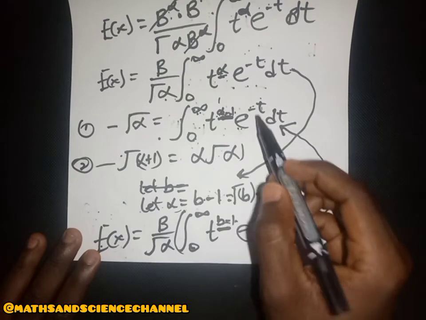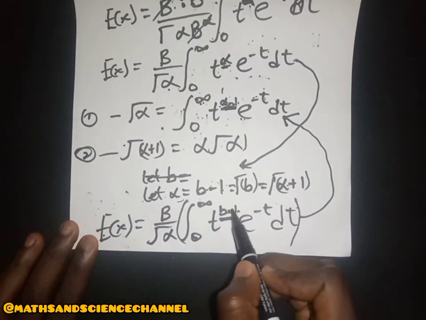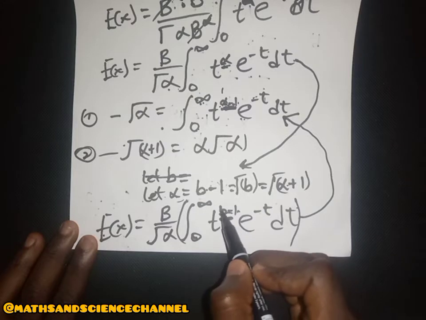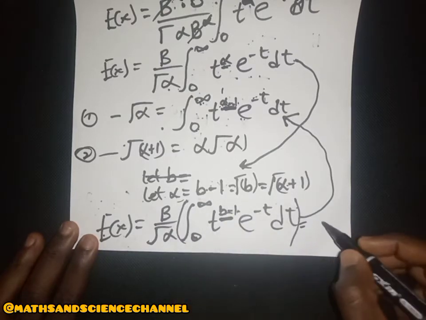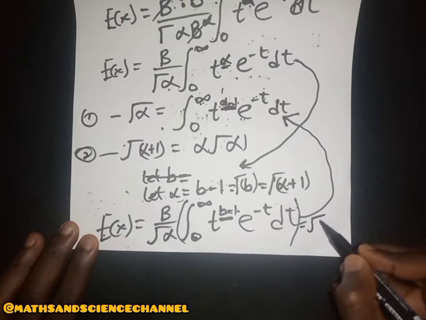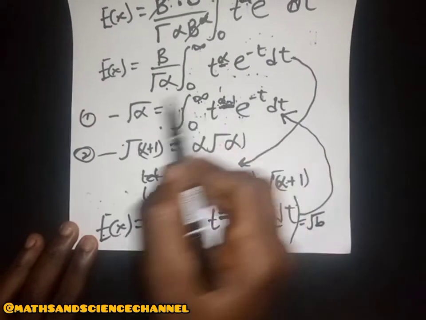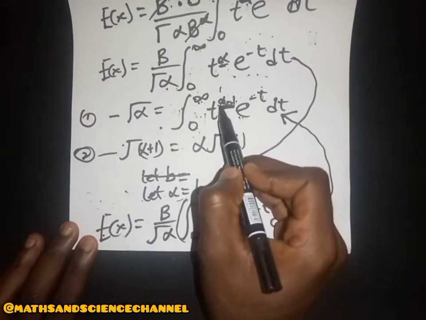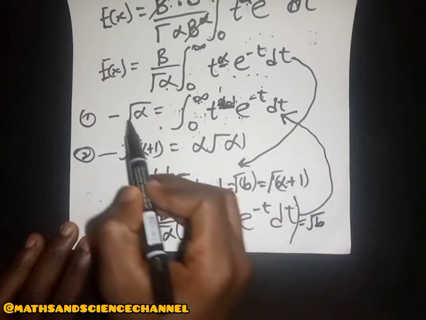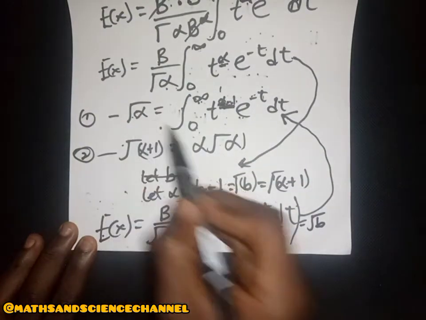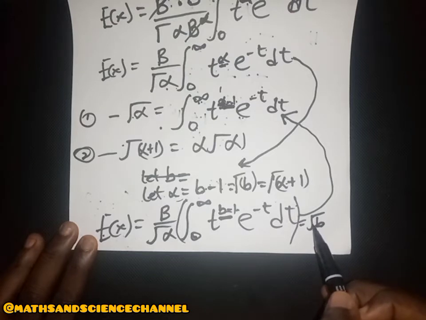Therefore, the t to the power b minus 1 here, all of that will also be equal to the gamma of b here. The emphasis is on the alpha here: because there is alpha minus 1 here, we have the gamma of alpha, and because there is b minus 1 here, we have the gamma of b.